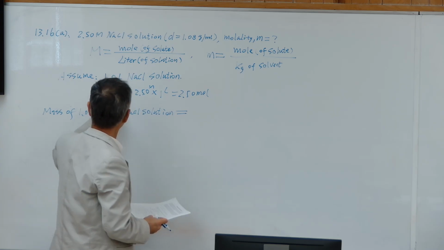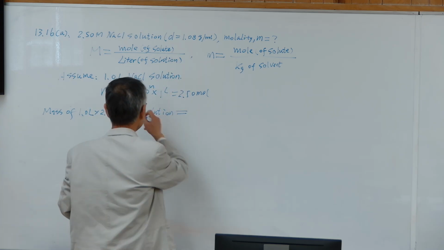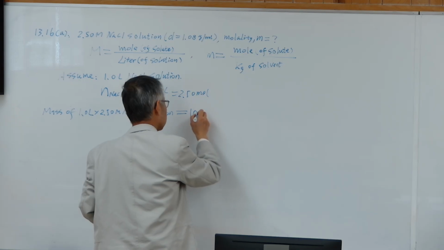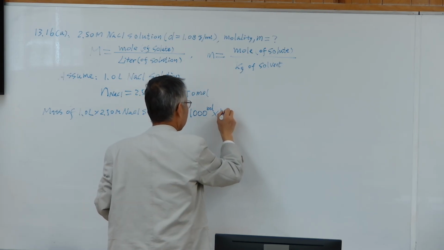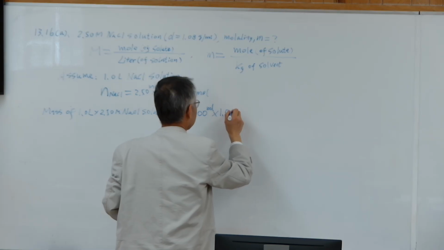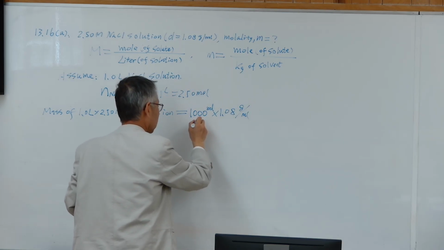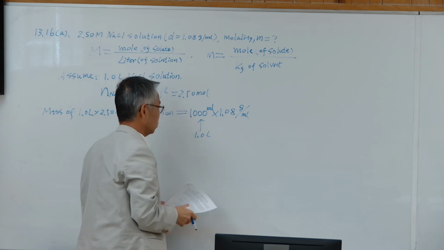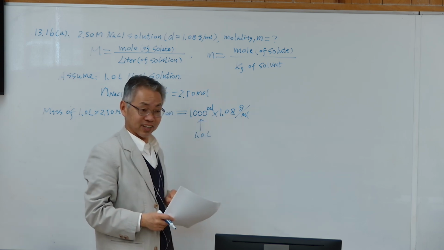We have volume, and we have density, which gives mass, right? So 1 liter is 1,000 milliliter, because this density is gram per milliliter. That's why you need to convert 1 liter into 1,000 milliliter. Milliliter cancels this per milliliter, right?